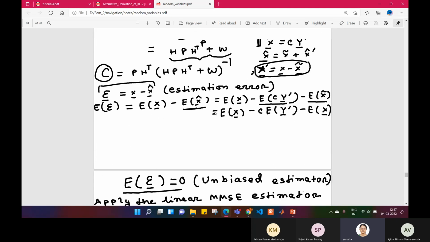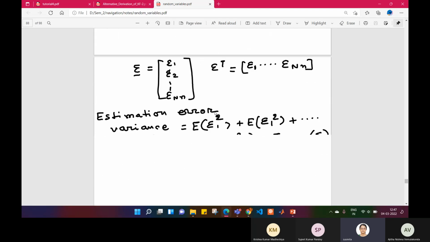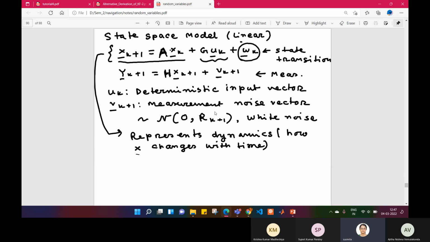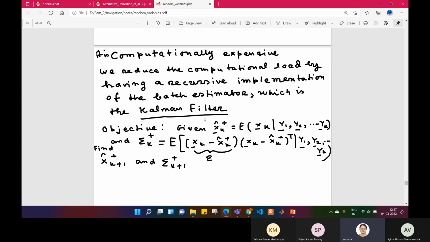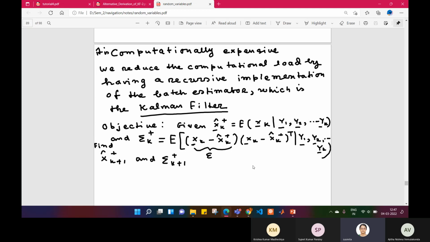Wait, ma'am, I'll show. State space model, right. So first you need to formulate the state space models. Have you done that? That should be the first step. In this case, it is simple, correct? It is already given as y equal to x plus nu.